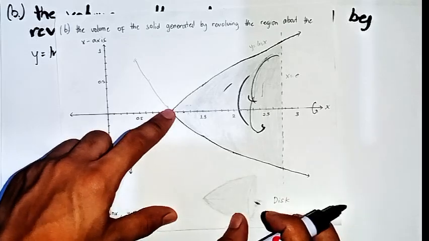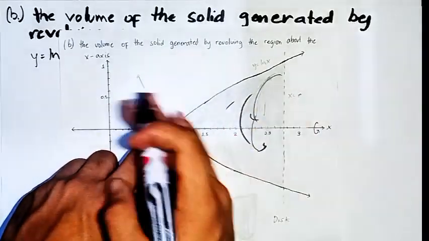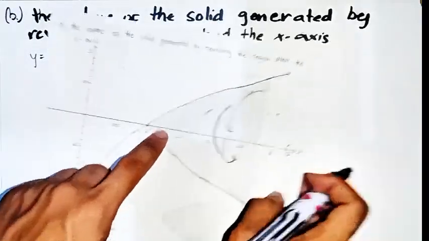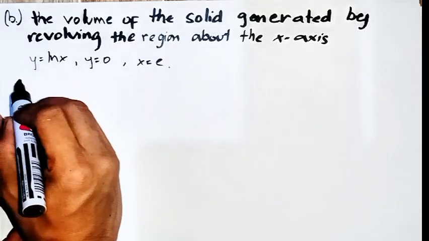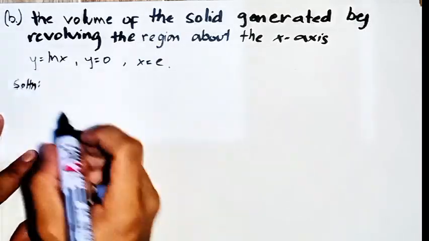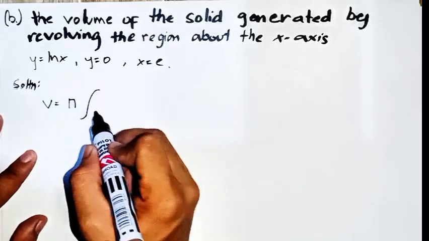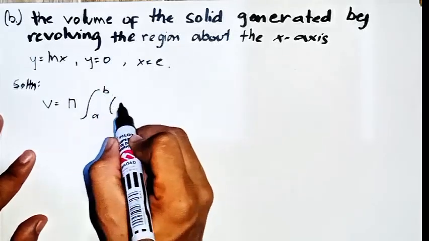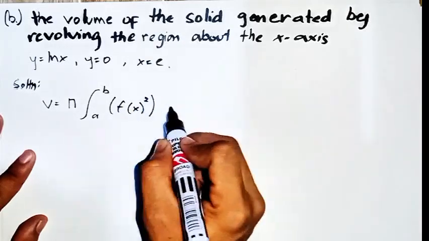Therefore, in finding the volume of the solid generated by revolving the region about the x-axis, we will use the disk method. And the formula for the disk method is volume is equal to pi times the integral from a to b of f of x squared dx.